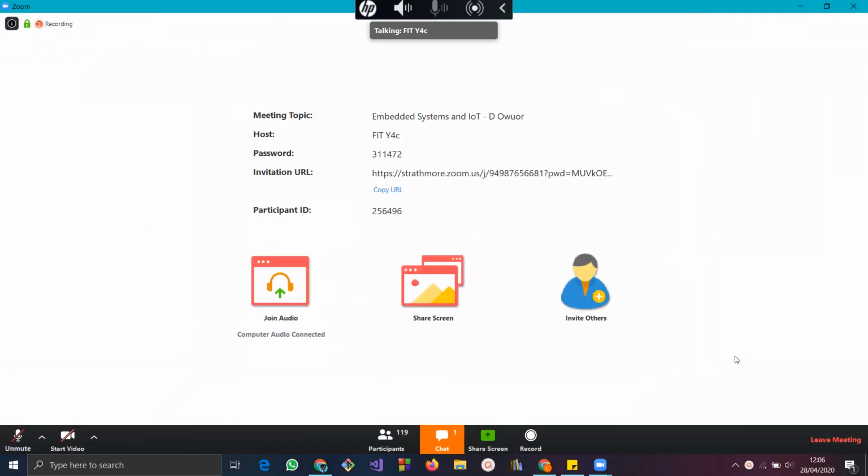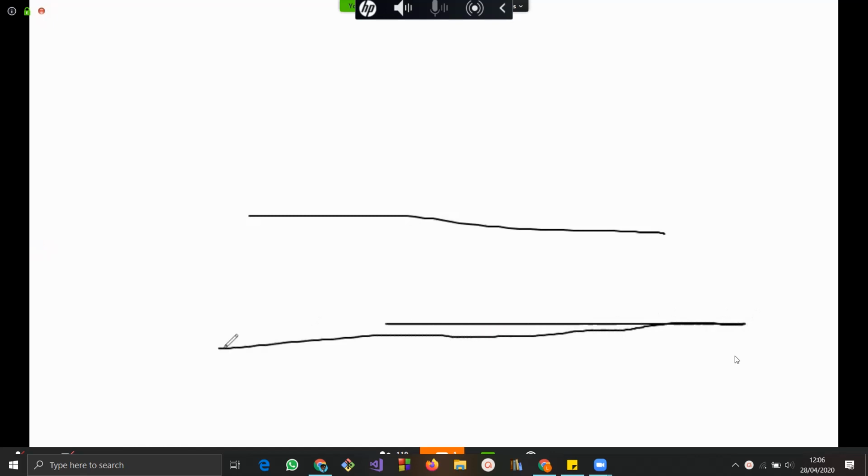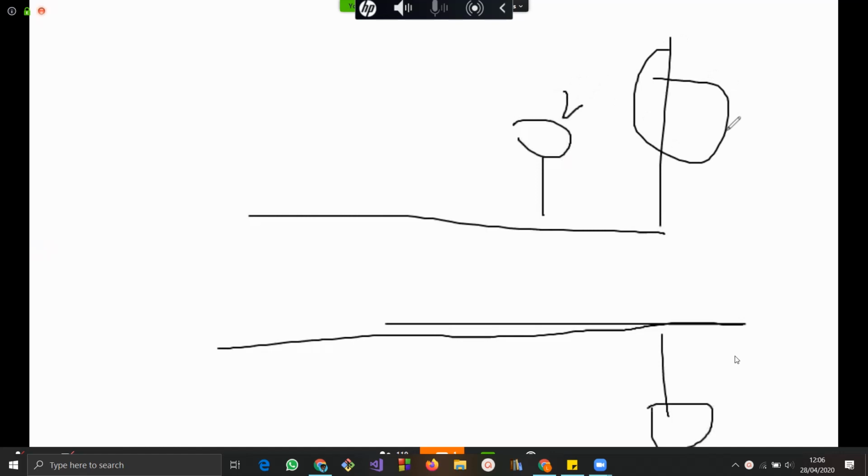I don't know if it's making sense. For example, if this is your bus, and you have nodes here, 1, 2, 3, and 4.